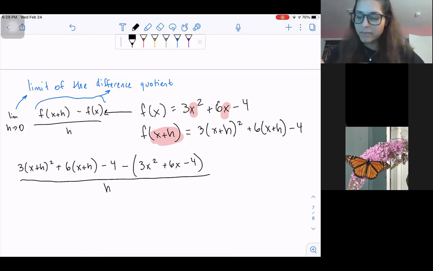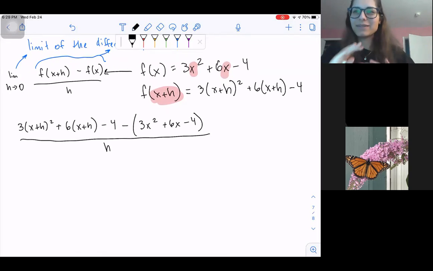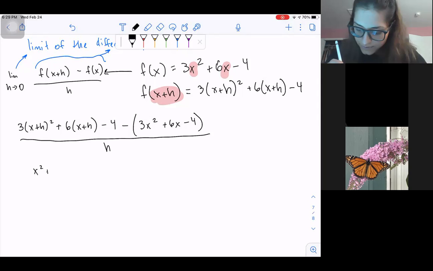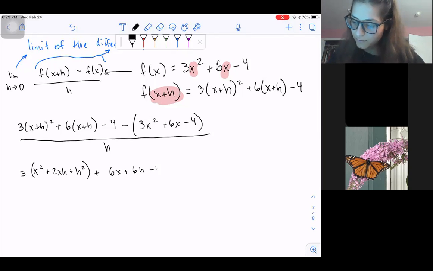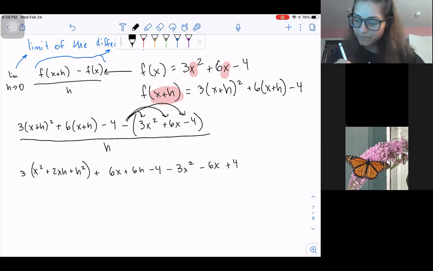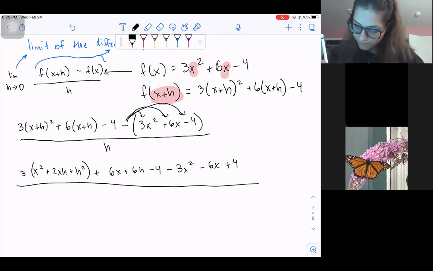I don't know why I chose such a long problem, but I'll speed through it a little. So I'm going to expand each of these out so we can simplify this down. So x plus h squared will be x squared plus 2xh plus h squared, and that's times 3, plus 6x plus 6h minus 4. Then we're going to distribute this negative to each of these components. So we'll have negative 3x squared minus 6x plus 4, all over h.